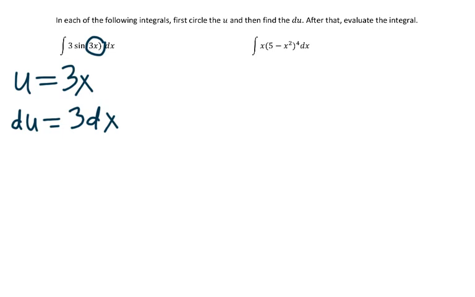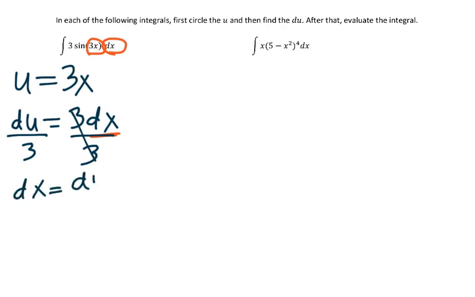Notice in my original problem I'm going to be substituting 3x with the u, but I also have this dx here, which is what I also see here. So I'm going to solve this equation in terms of dx. I'm going to divide by 3, so I have dx is equal to du over 3.